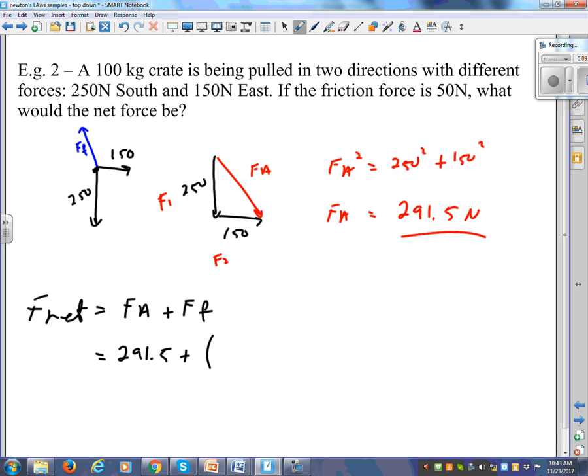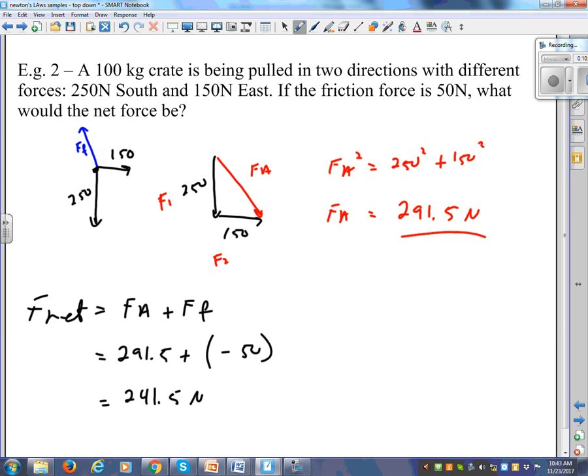No. Why not, Jason? Because of... I'm saying no. Automatically negative? It is in this case, right? The friction is opposite to the motion. And if the motion is in the direction of 291.5, then that's just going to be 291.5 minus 50.